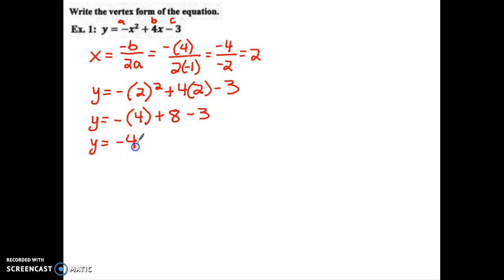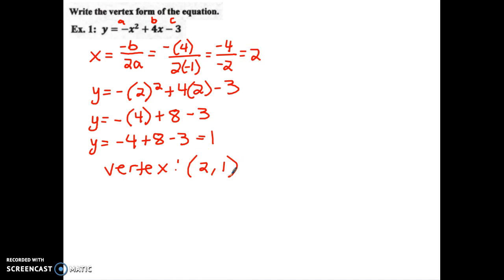Negative times 4 is negative 4. So we got negative 4 plus 8 minus 3. And when we put all that together, we get 1. So the vertex is, our X value is 2 and our Y value is 1.